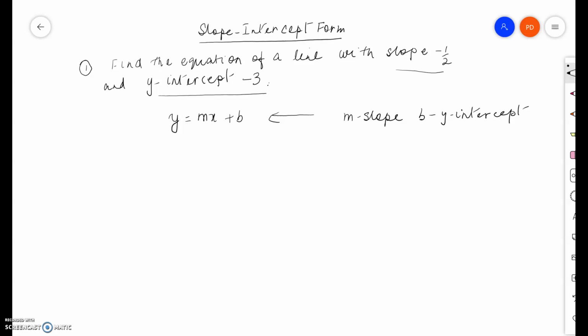So let's write down the slope m, which is -1/2, and the y-intercept b, which is equal to -3. And now we just need to plug these numbers into the equation y equals mx plus b, which will give us the equation of the straight line.